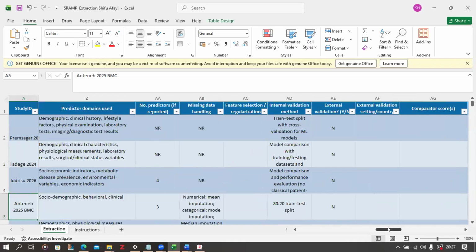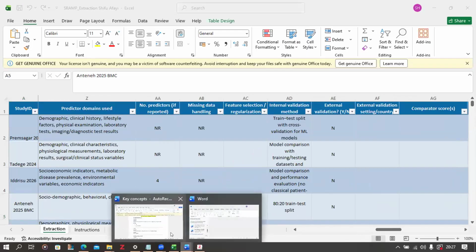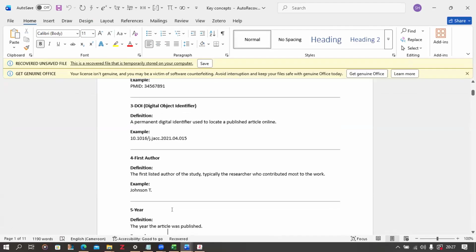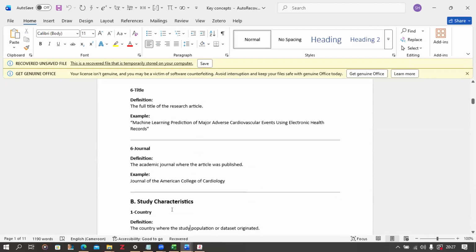So what I did was go online and check the meaning, which is what I have in this document. For the study ID, I had the definition with sample examples to assist me on how I'd write it.